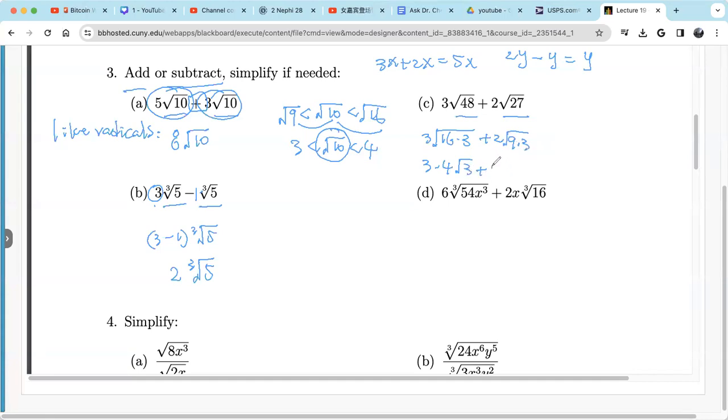Plus 2 times square root of 9, which is 3, then radical 3, because we have this 3 left as the radicand. So we have radical 3, radical 3. Now we have like radicals. So 3 times 4, that's 12 radical 3. And 2 times 3, 6 radical 3. So we have 12 plus 6, which is 18 radical 3.